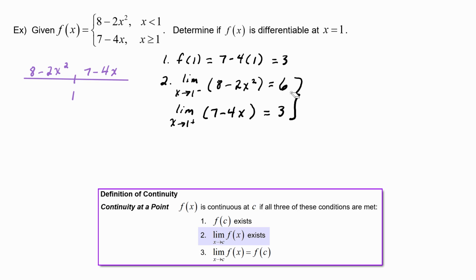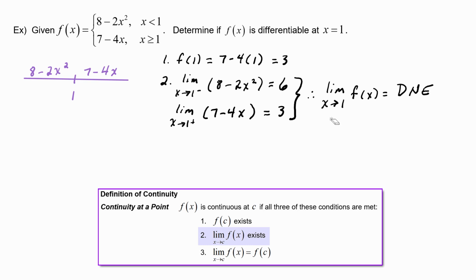Now, because the limit from the left and the limit from the right are two different values, we have to say that the limit as x approaches 1, which is the two-sided limit of f of x, does not exist.